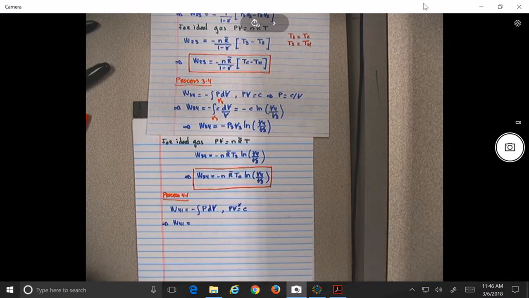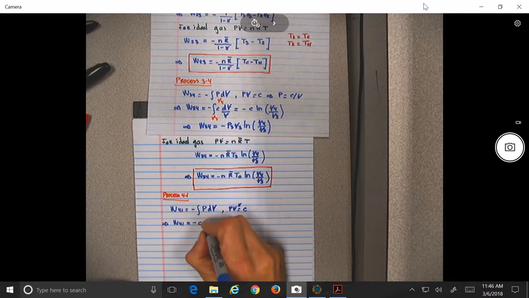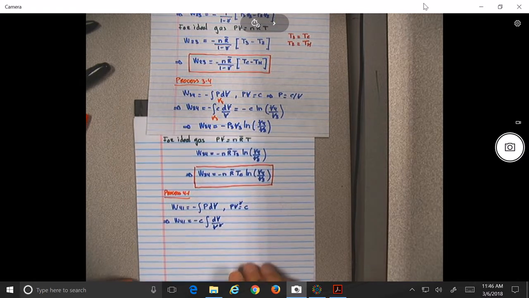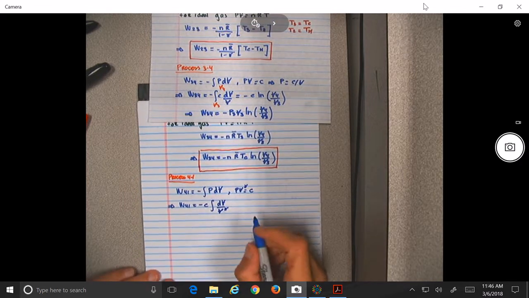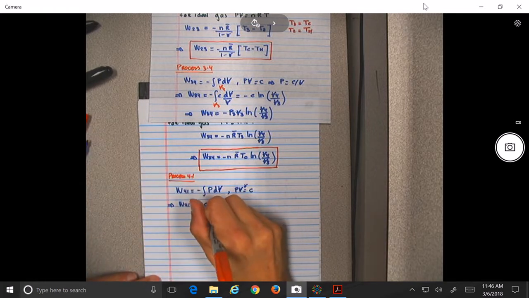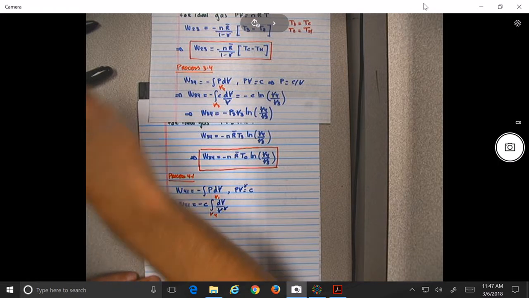Thank you. So basically this one will be equal to what? Minus C dV over V to the gamma, between, we need to be careful here, between V4 and V1.